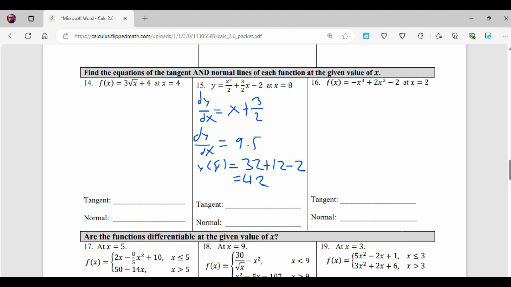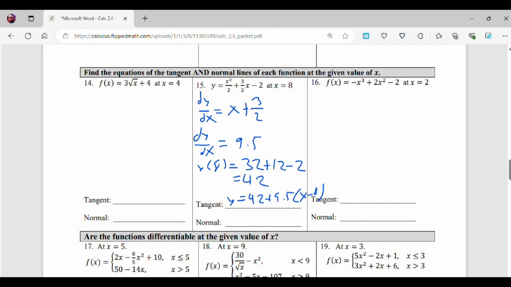So our tangent line is y equals y1. We know our y1 is 42. Slope is 9.5. And then x minus x1. Okay, so our tangent line would be y equals 42 plus 9.5, and then times x minus 8.